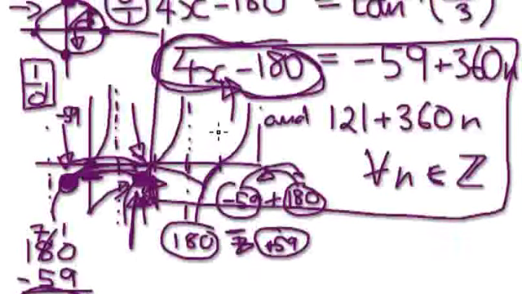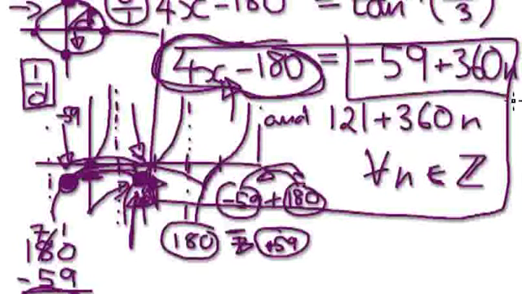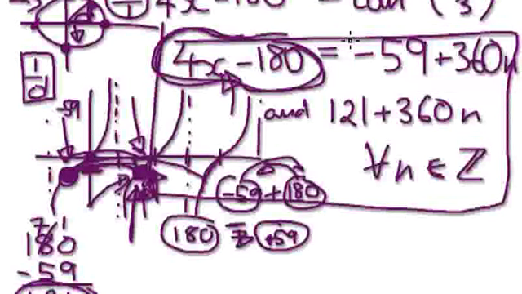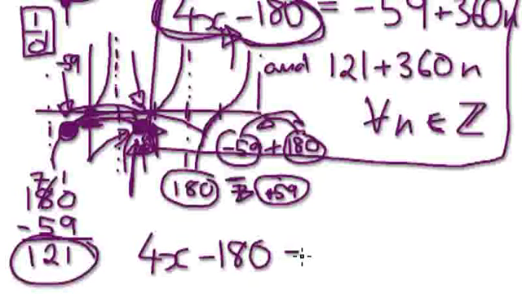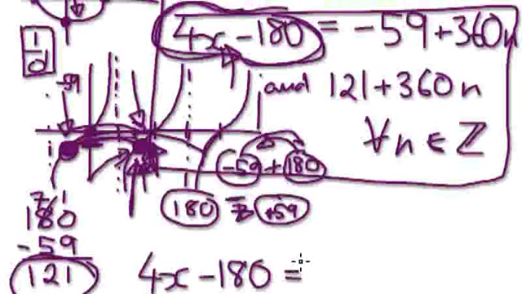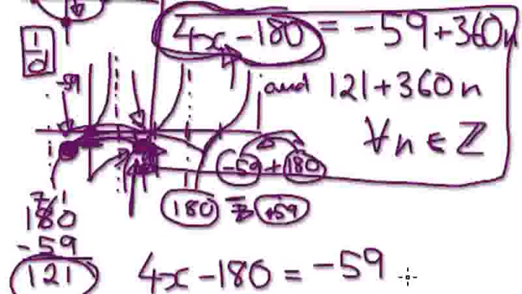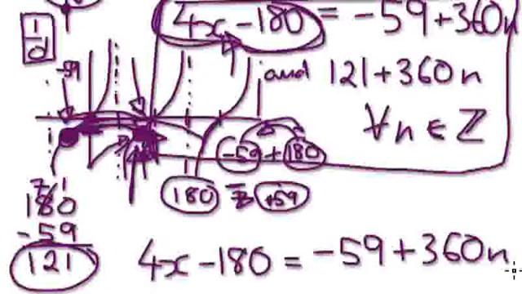So let's just look at our first set of solutions here. This is our first set here. So it will be 4x minus 180 equals this. We are just dealing with this set only for the time being. So minus 59 plus multiples of 360.